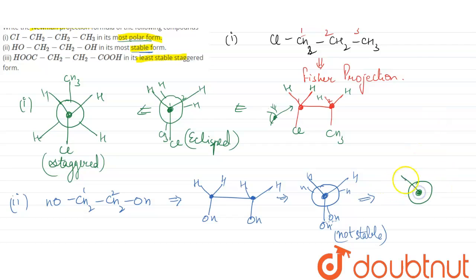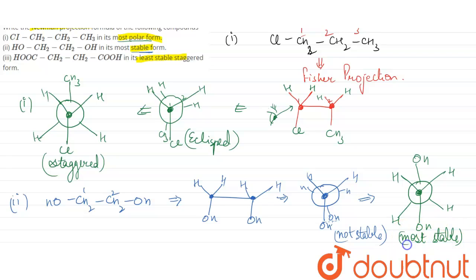In this structure, OH will be in totally different directions, so there will be no hydrogen bonds, and this one is the answer. This one is the most stable form.